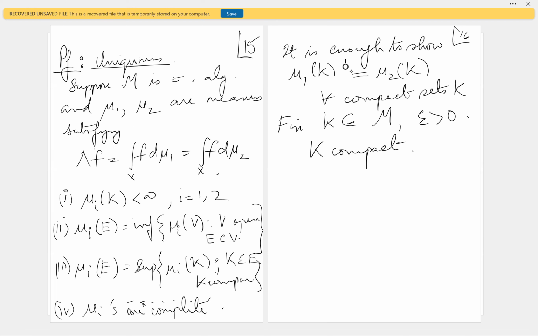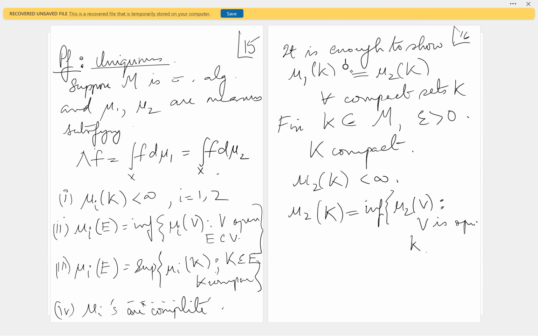Now we know from 1 that mu2(K) must be finite, and mu2(K) is defined as the inf of mu2(V) such that V is open.